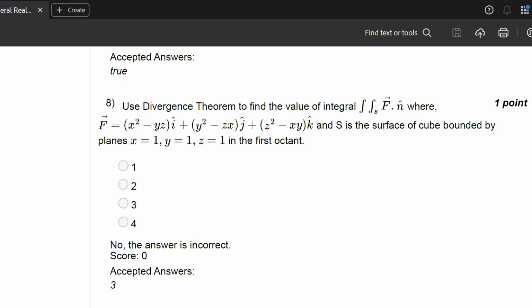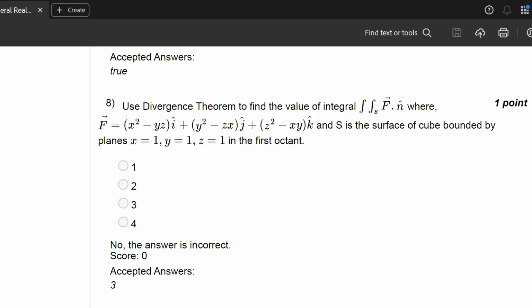As I told you in Green's theorem or in Stokes theorem, your curve is a closed curve. Otherwise, you cannot apply. An open curve you cannot apply. Open means it is not closed, or its end points are not the same.